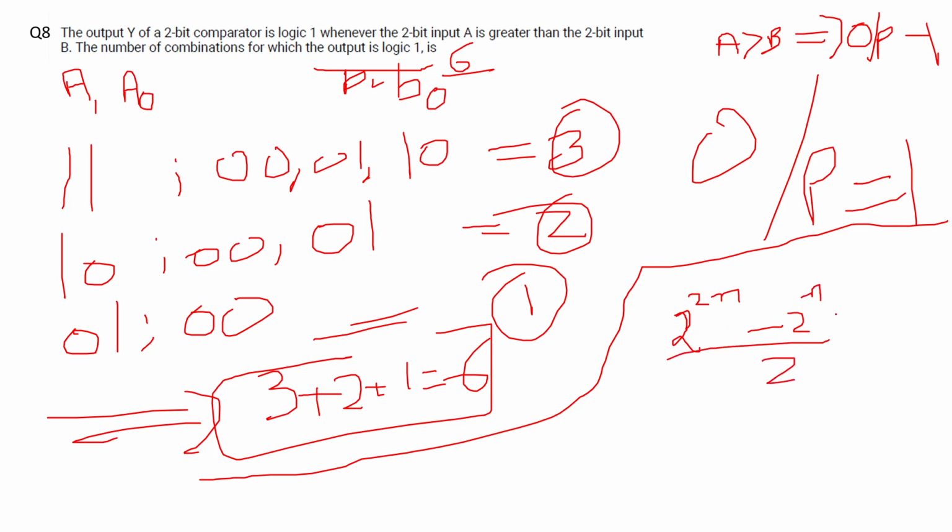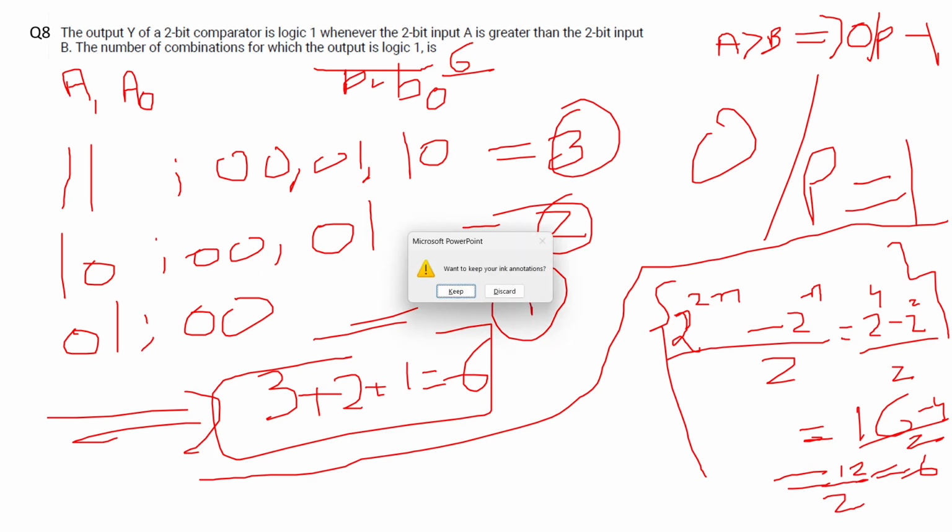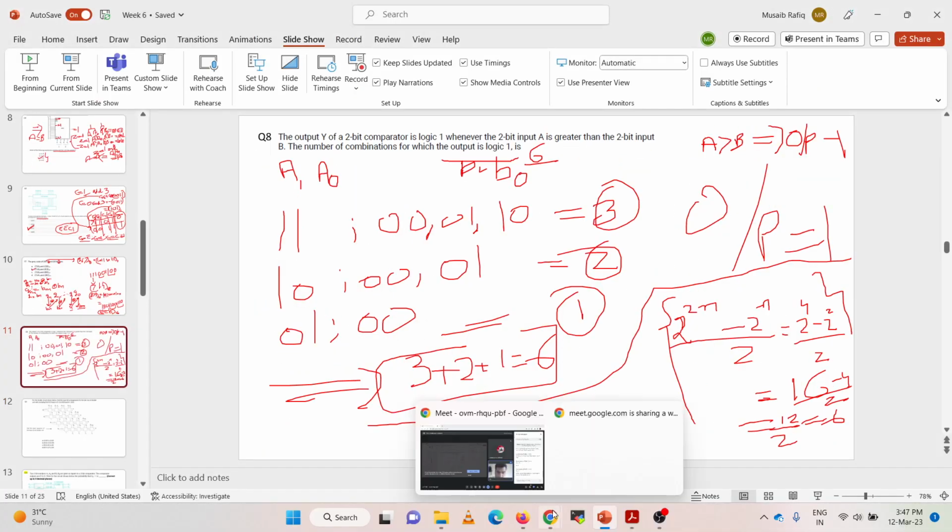Here n was 2, so 2 to power 4 minus 2 to power 2, by 2, right? And 2 to power 4 is 16. 16 minus 4 is 12, and 12 by 2 is 6. So this is a more general formula. Now this was question number 8.